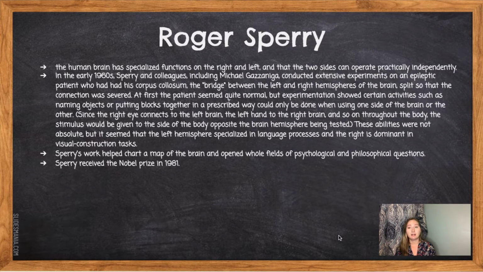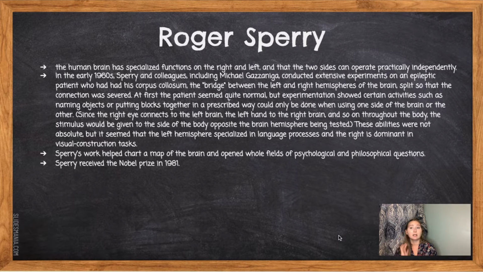So the stimulus would be given to the side of the body opposite the brain hemisphere being tested. If you're testing the left side of the brain, you need to be putting everything in the right side of the body, right? These abilities were not absolute, so there were exceptions, but it seemed that the left hemisphere specialized in language processes and the right is dominant in visual or construction tasks.